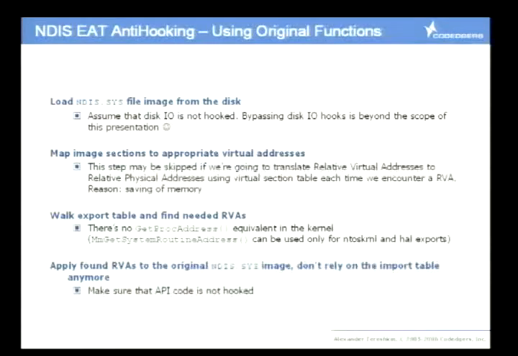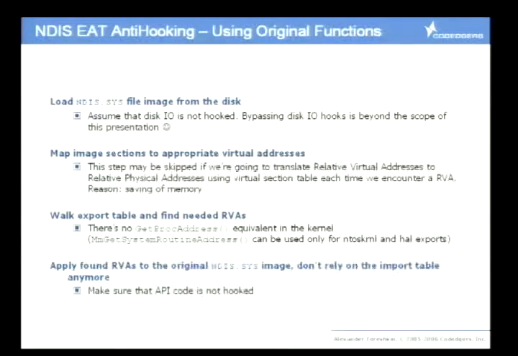The first technique used by firewalls is export table hooking. And to find original functions, we may use these methods. First, we load the NDIS driver from the disk and map its sections with a custom PE file loader.